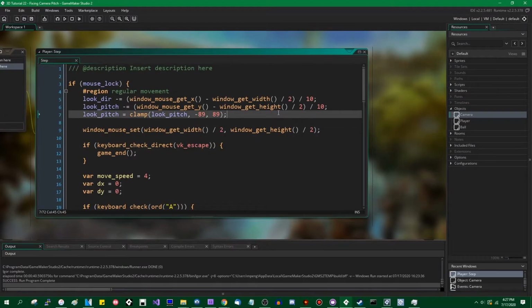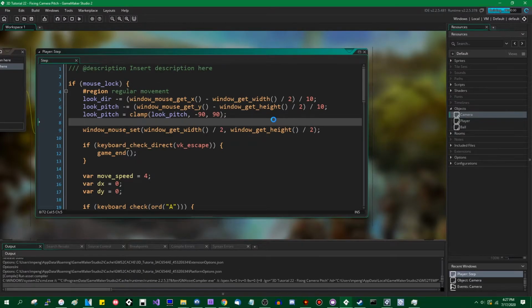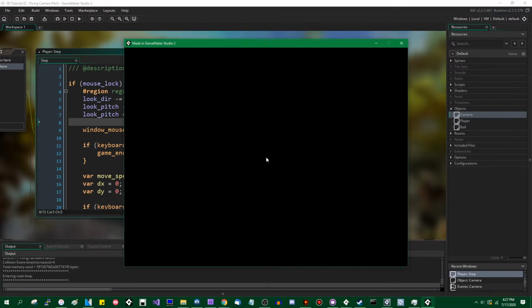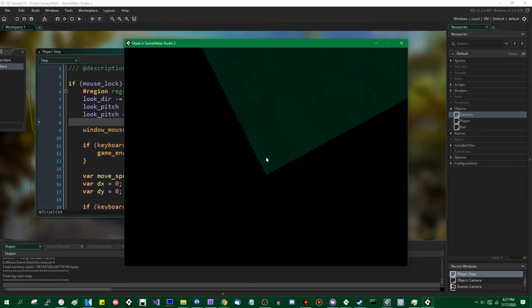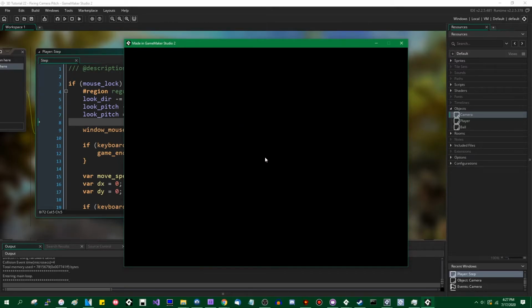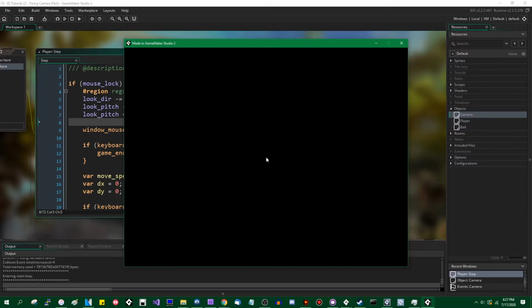Anyway, since I've never dealt with this before, what happens if you actually restrict the look pitch to -90 and +90? Because I believe at 90 and -90, this should actually not look like anything. Yeah. If you're looking down exactly at 90 degrees, then everything disappears because of the up vector.